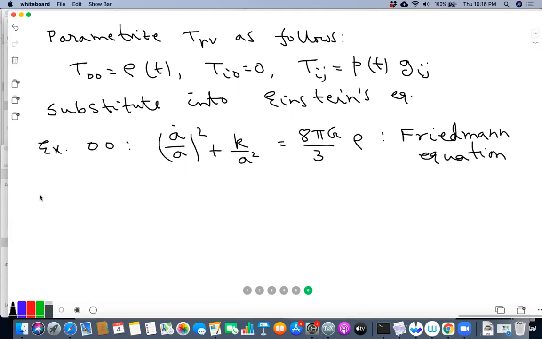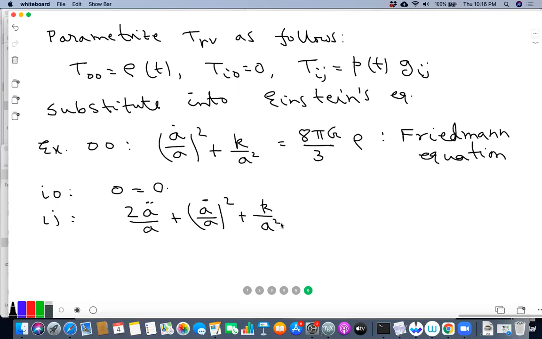The i0 equation is trivial, giving 0 equals 0. And the ij equation, both sides proportional to g_ij, gives you 2ä/a + ȧ²/a² + K/a² = −8πG p.